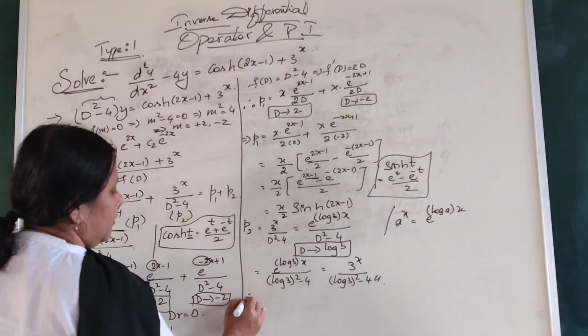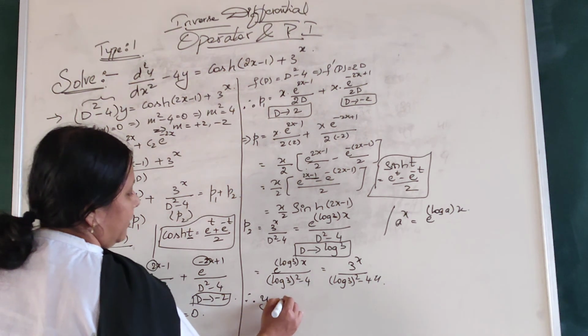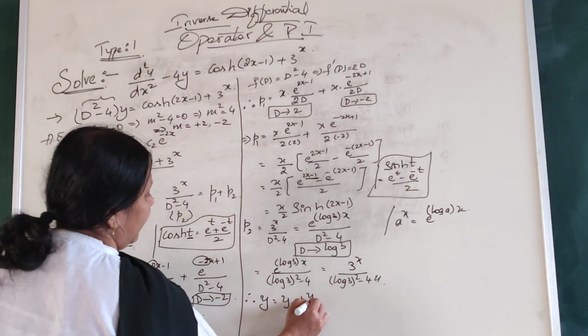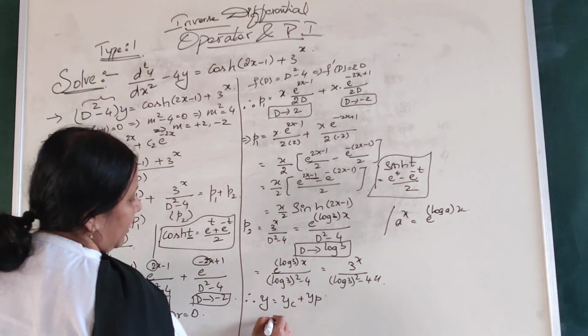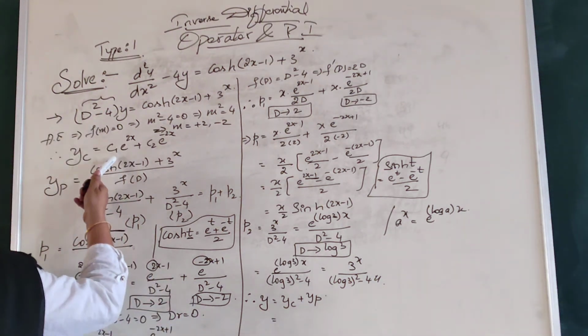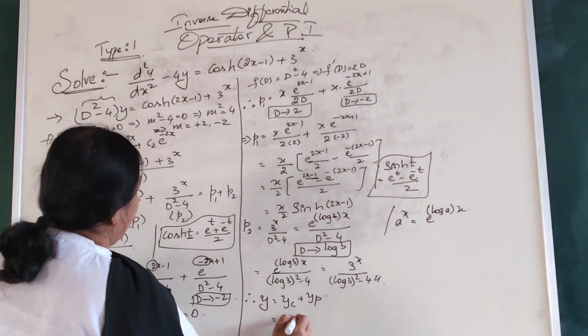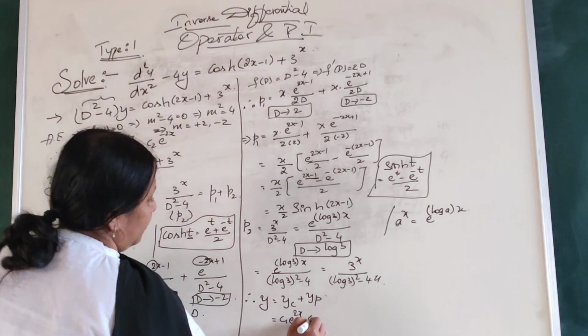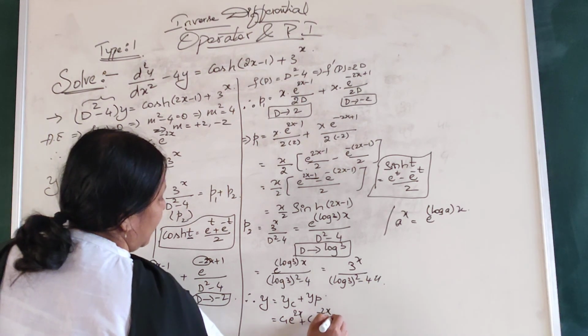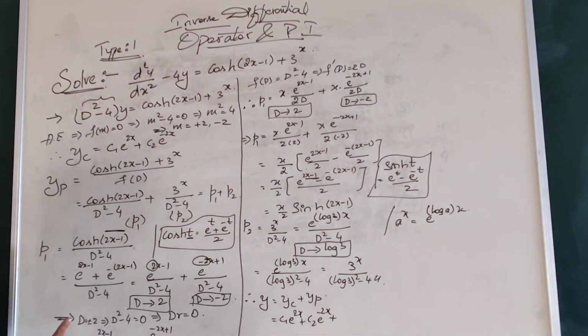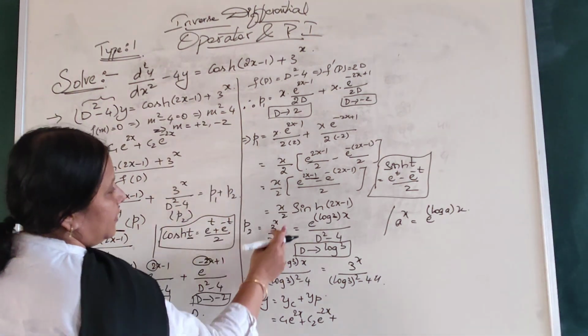Therefore, the general solution of the given differential equation is given by y is equal to yc plus yp, which is equal to yc, we already got here, c1 e to the power 2x plus c2 e to the power minus 2x, plus yp has two terms. First is P1. How much is P1 here?